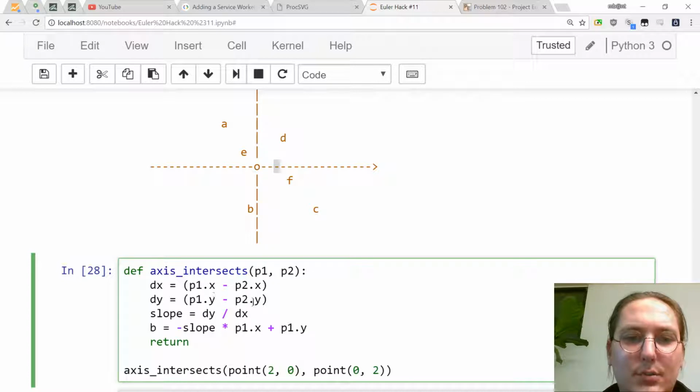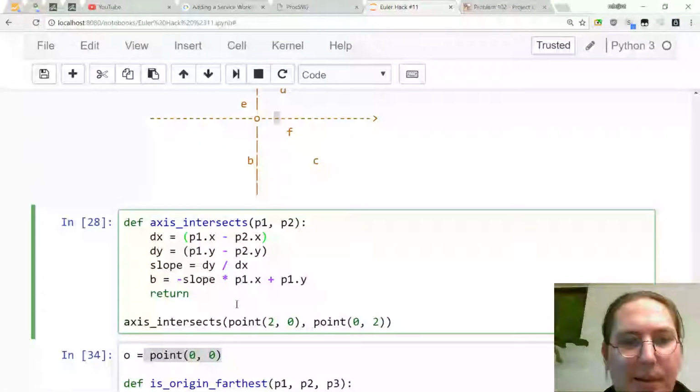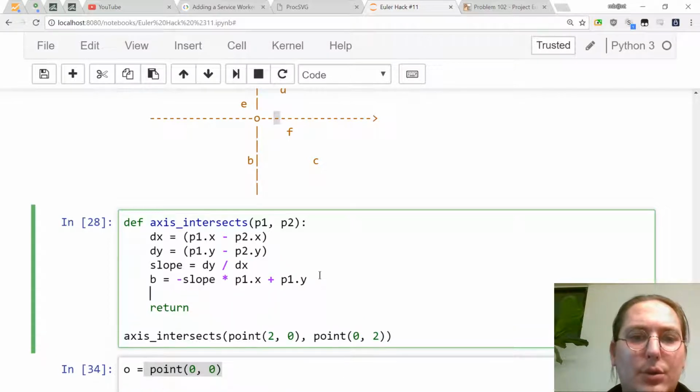Should I take the absolute value here? No. We need the direction, that can't be true.